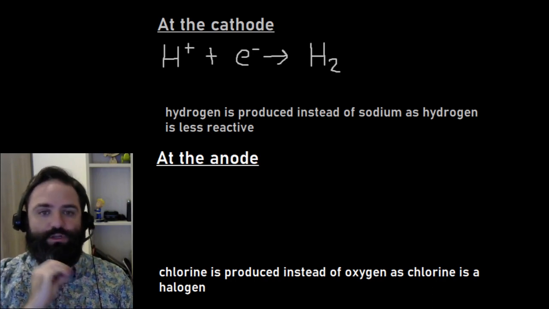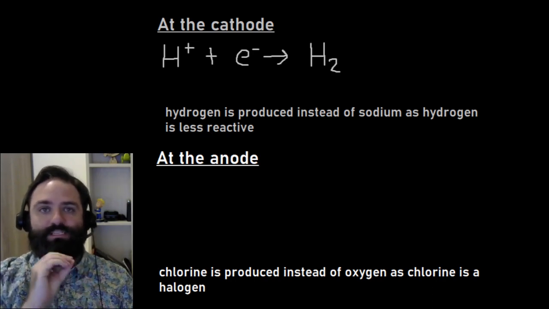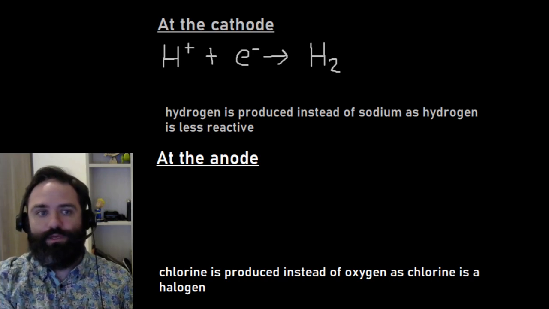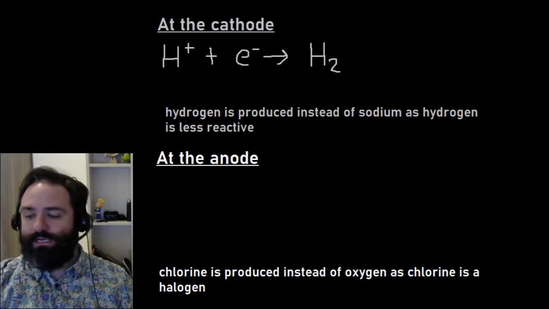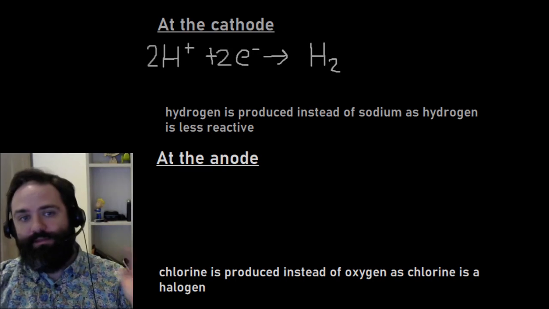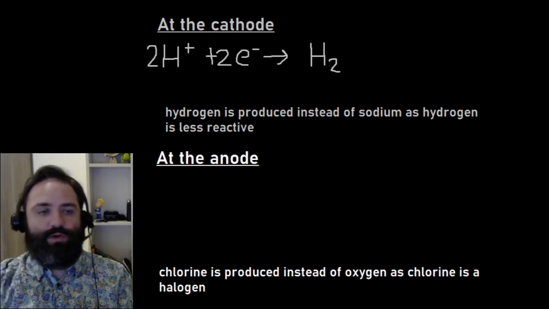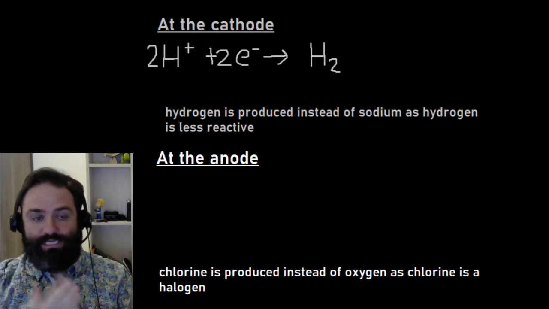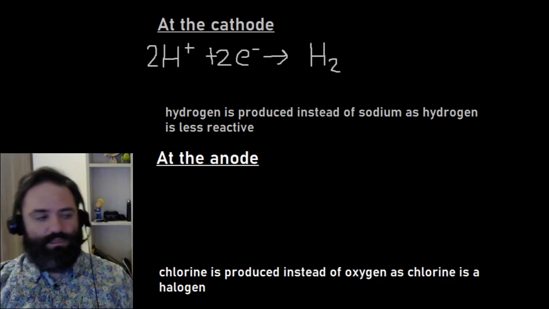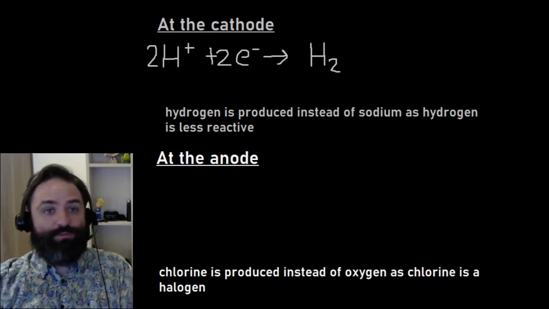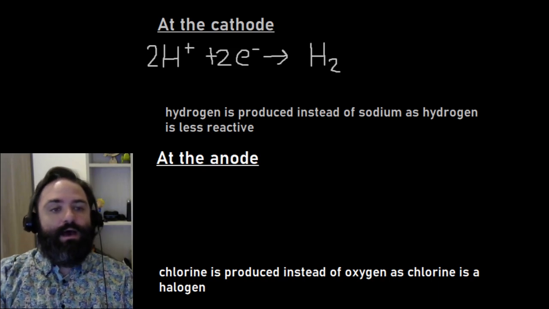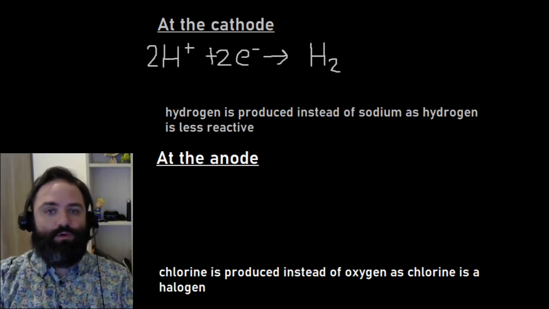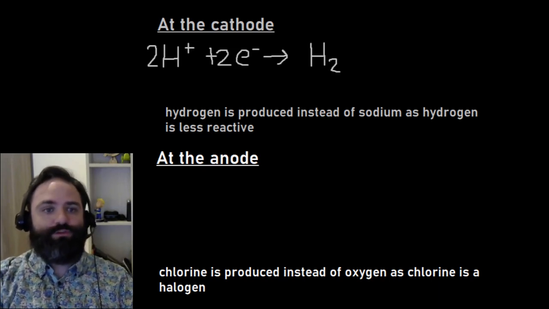Hydrogen is also on our list of diatomic elements, so we actually make H2 rather than H. This means that we've got to balance the hydrogens and the electrons, and we do that like this. So the half equation at the cathode overall is this. You see it there. 2H+ + 2e- gives us H2. That's the equation at the cathode for the electrolysis of sodium chloride solution.